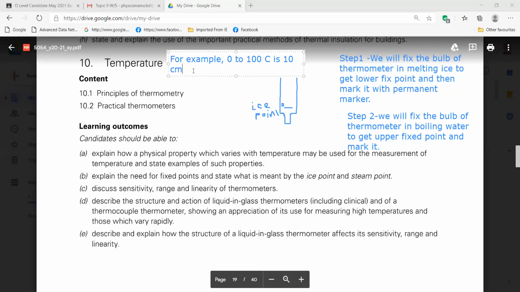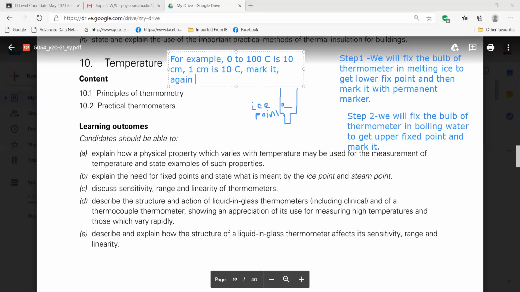Yes. Then 1 centimeter is 10 degrees Celsius, right? Yes. Then mark it. In between 0 and 100, you will divide into 10 equal parts, right? Then each part gives you 10 degrees Celsius, isn't it? Yes.